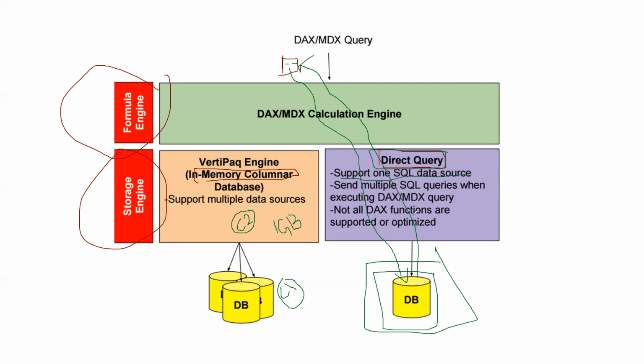It could send multiple DAX queries, and then this SQL query will be converted into a native DAX query. The size of this PBIX will be very, very minimal. This will not be in GB because we will not be importing the data. So that's the key difference you have to understand.